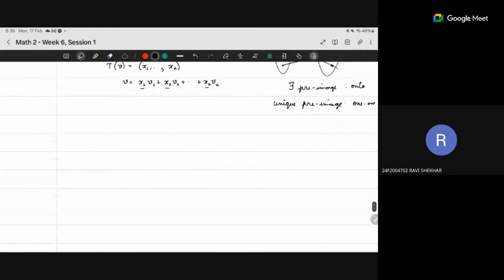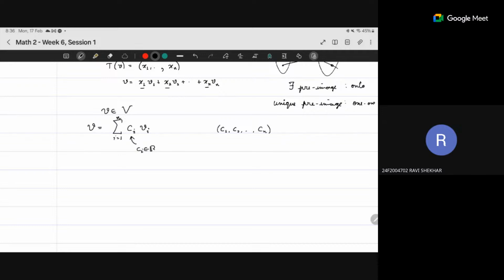Suppose you have v in V. Since you know that the basis of this is V1 up to Vn, every vector can be written as the sum over i going from 1 to n of Ci Vi for some Ci which are real numbers, right? So this is an element of the vector space V, and these are scalars, meaning Ci is in R. So where does this element C1, C2, Cn lie?